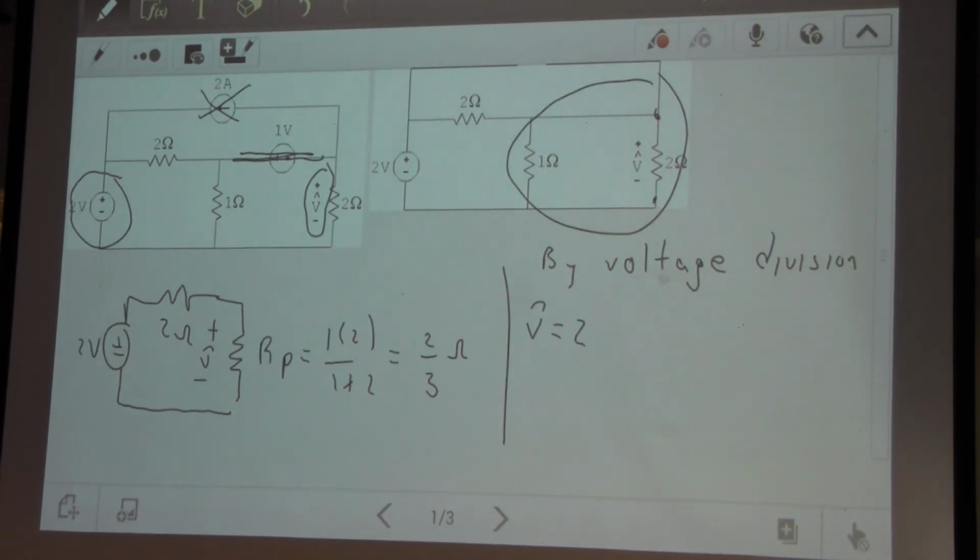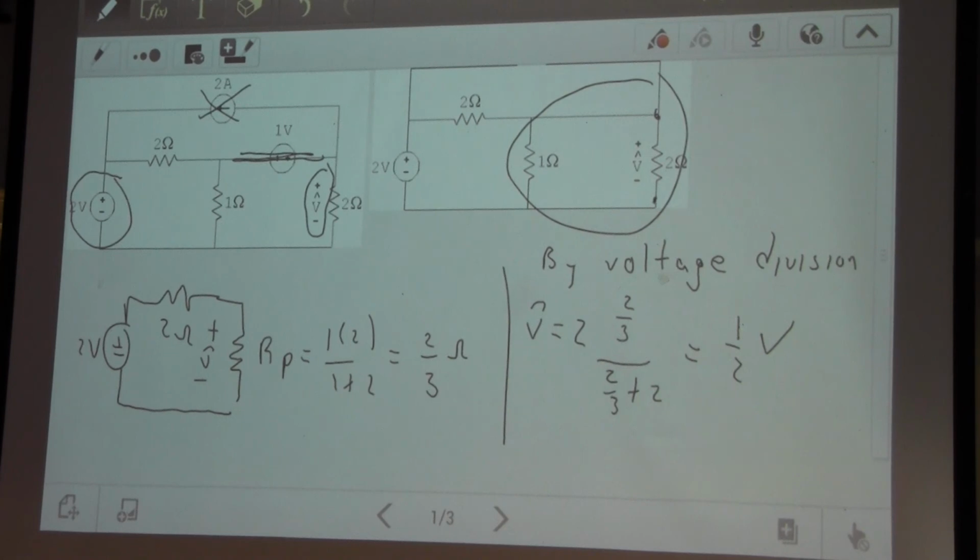For voltage division I use the resistor where I want the voltage, the 2/3, divided by the sum of the resistors, 2/3 plus 2. And you end up getting half a volt. That's the contribution from just the first voltage source.